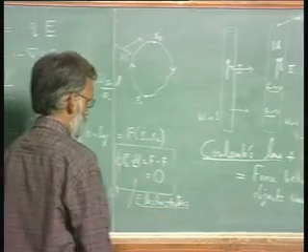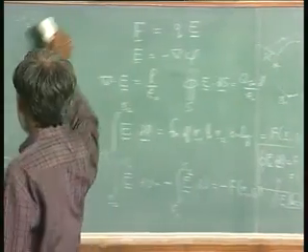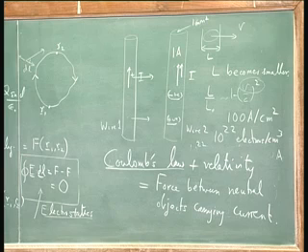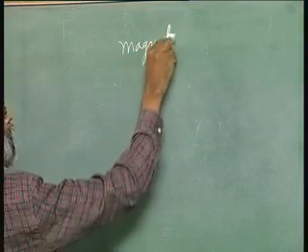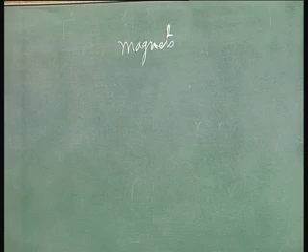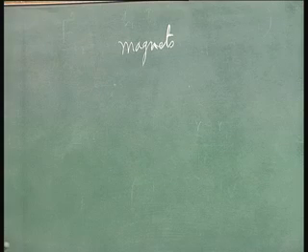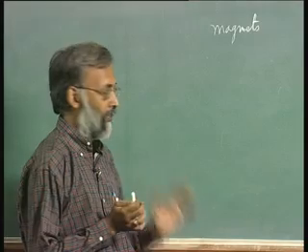So, what do we do? Well, historically what people have done came from another theory altogether. From way back, they knew that there were certain objects, magnets, that tended to point in certain directions only.